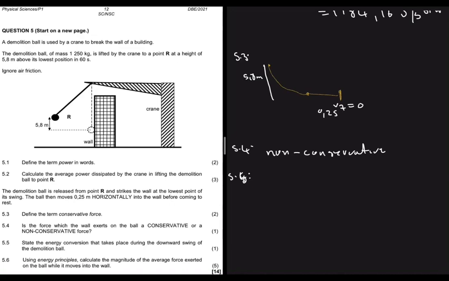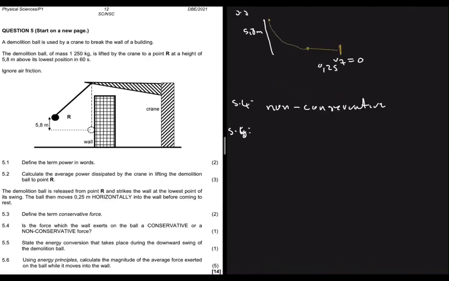State the energy conversion that takes place during the downward swing of the demolition ball. The downward swing is from R until it hits the wall. And then they say we should ignore friction, right? Let's use mechanical energy. We have EP plus EK at the top equals EK plus EP at the bottom, right?